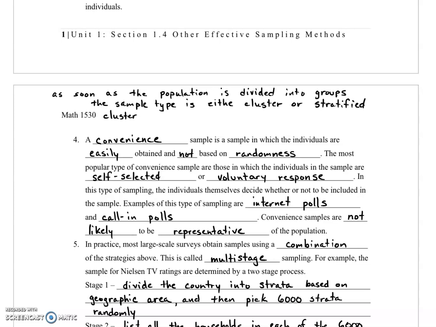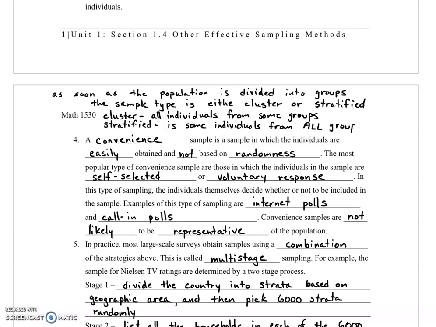Cluster is all individuals from some groups, and stratified is some individuals from all groups. And that's just one of those things you're going to have to memorize.